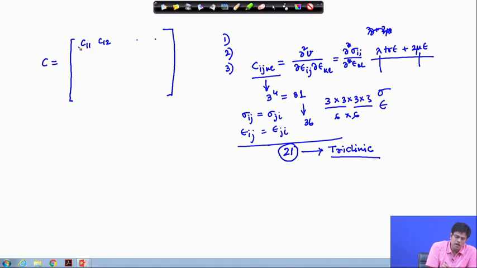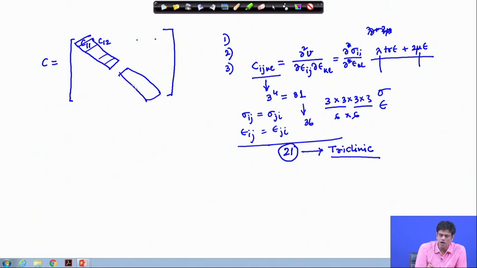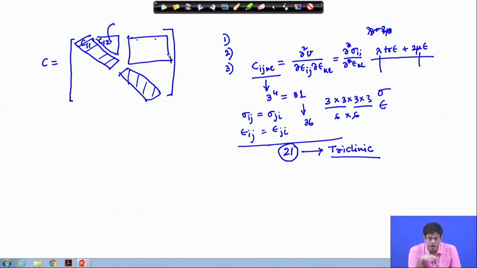We know the first 3 components are responsible for the normal stress, then these come from the shear stress component, and these are the Poisson's ratio components. And these are the coupling coefficients where the normal and the shear stress are coupled. From C14 to C16, these are the coupling coefficients where normal stress and shear stress are coupled.